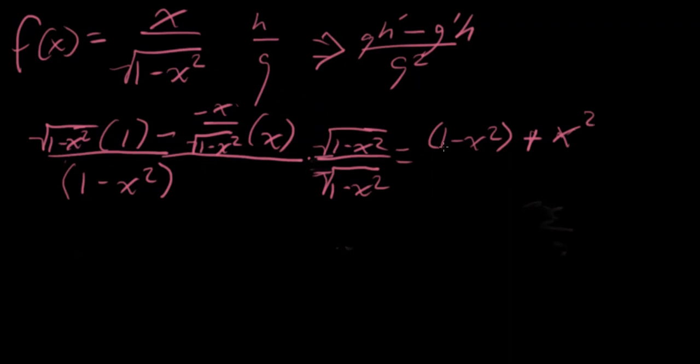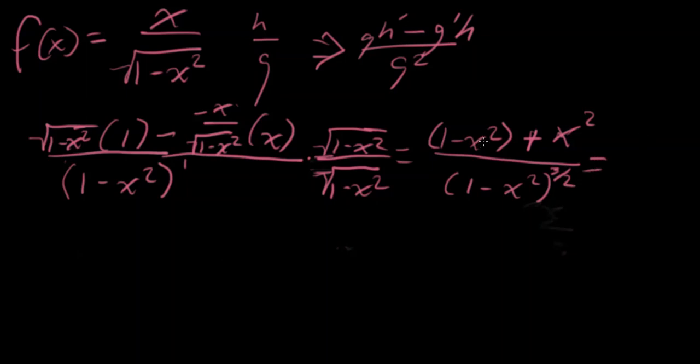x squared all over. But now this times this, they have the same base, right? They have that same 1 minus x squared, but this one's to the 1 power, this one's to the 1/2 power. So if you guys recall your algebra rules for multiplying things with different powers but the same base, we get a 1 minus x squared to the 1 plus 1/2, or in other words, 3/2 power. And then we could simplify this even further, right?